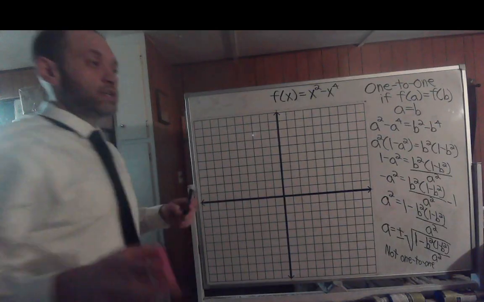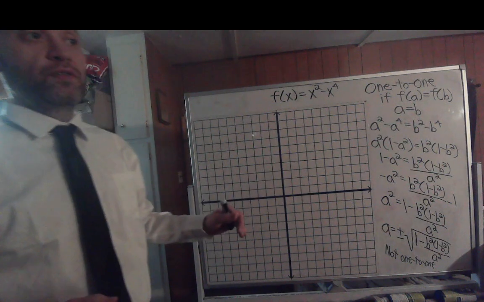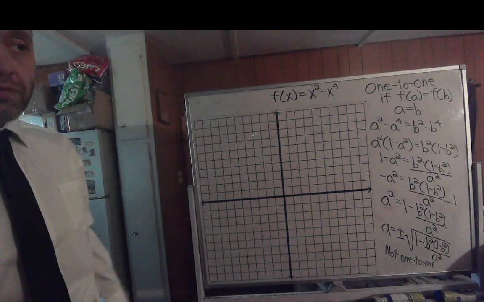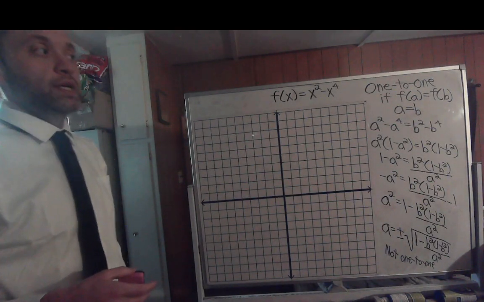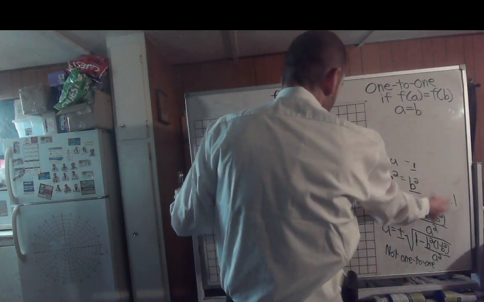It's only going to be 1 to 1 usually if it's an odd power polynomial function. Or you could have a root function that's also 1 to 1. Linear functions are 1 to 1. You'll find that, and it'll make even more sense when we talk about the final method for determining if a function's 1 to 1, which is graphically.